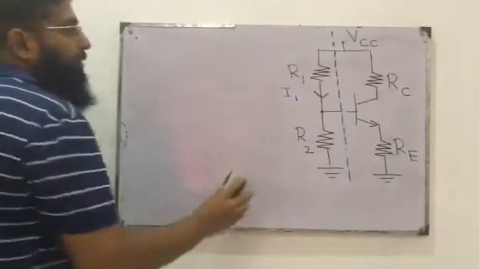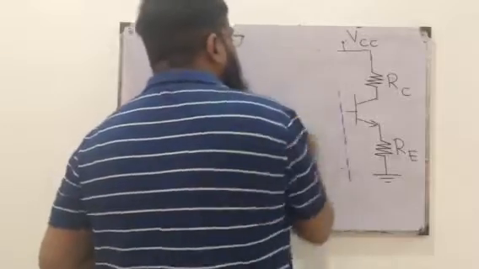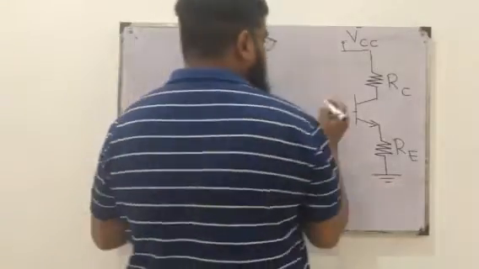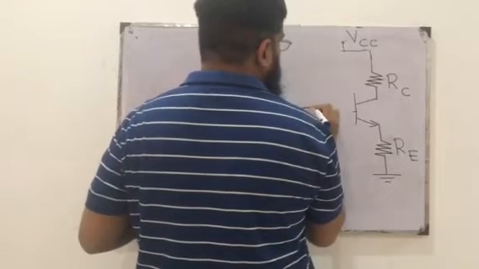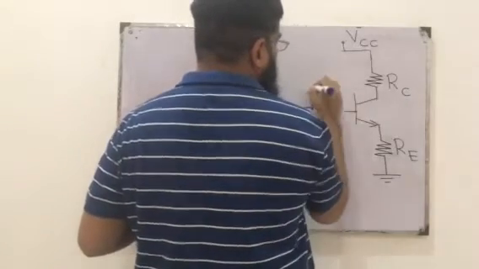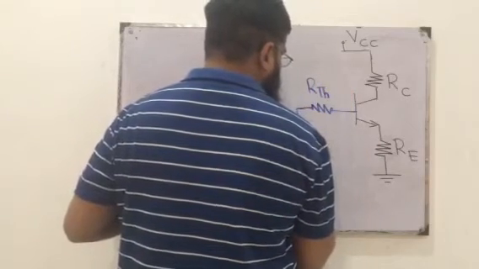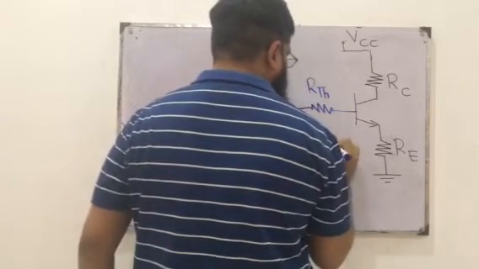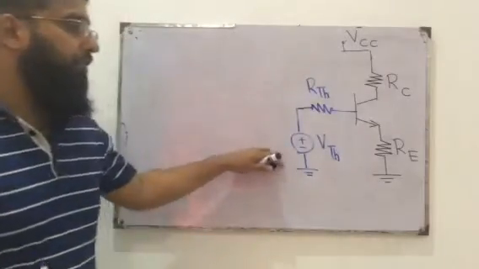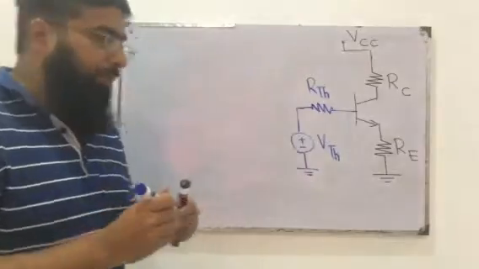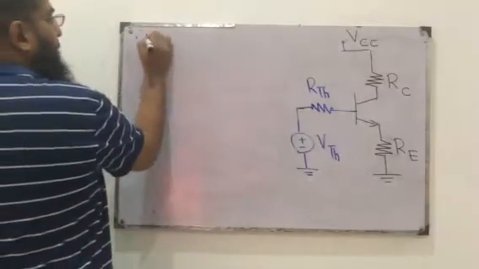Now we can redraw this circuit by putting this RThevenin, which is the equivalent of R1 and R2, along with the newly computed source VThevenin. Now we are in a very good position to compute input and output loop equations like we have already done.